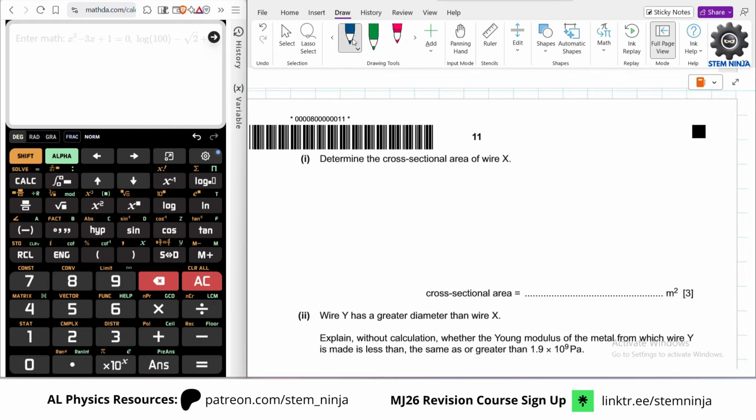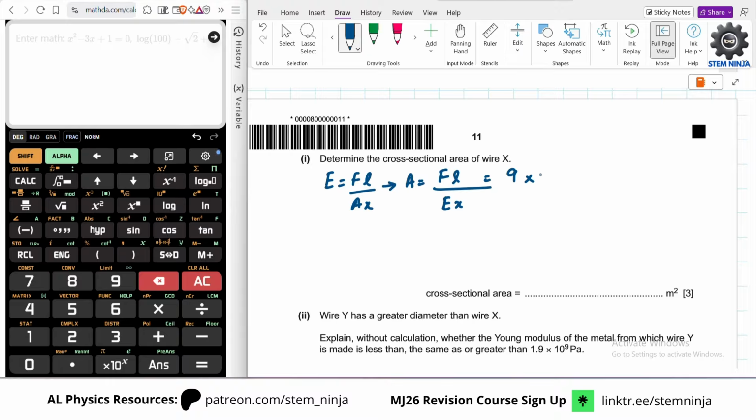So we know the Young modulus is FL over Ax, so we need A, which would be FL over Ex. F is now 9 newtons.